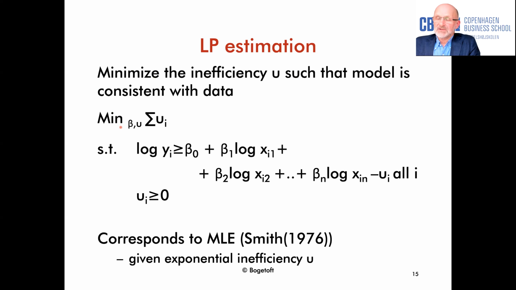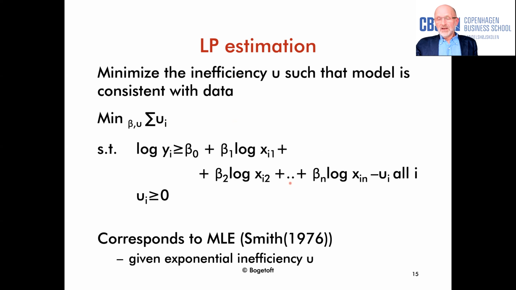There's many things you could minimize. You could minimize the deviation terms. So basically you're looking for a function such that the sum of the deviations between your function and the actual observations is as small as possible. So these u's are as small as possible.